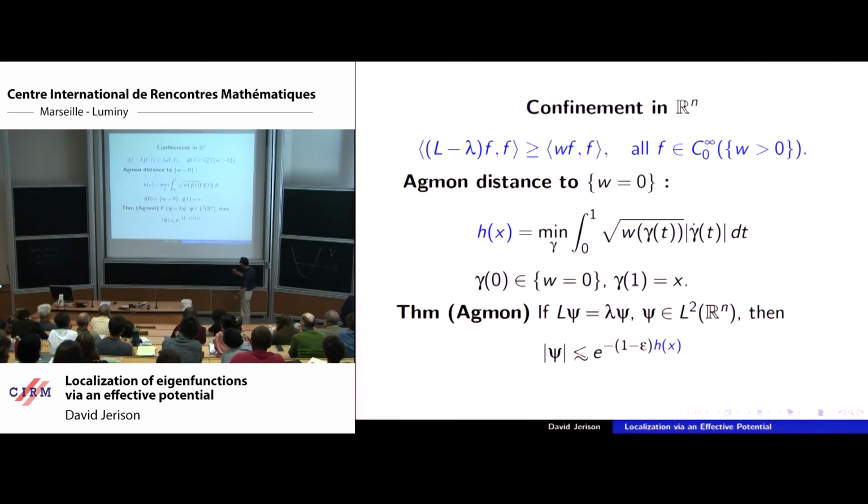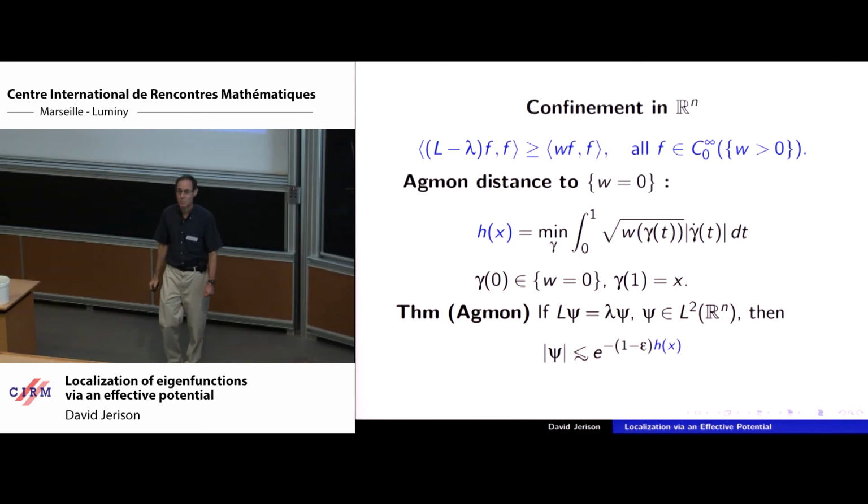Okay? And then the theorem says that if you have an eigenvalue and an eigenvector, so obviously this is the decay at infinity that you need to get started, then in fact it decays exponentially fast with exactly this rate here, within epsilon, in this exponential rate.